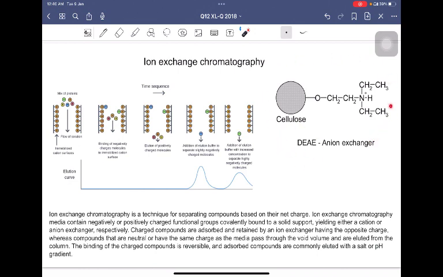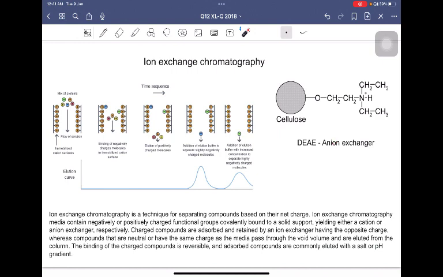So this is the structure of DEAE, diethylaminoethyl. This is attached onto a cellulose support. So this can be DEAE cellulose, or if it is Sephacryl, then it is called DEAE Sephacryl. So this is an anion exchanger.